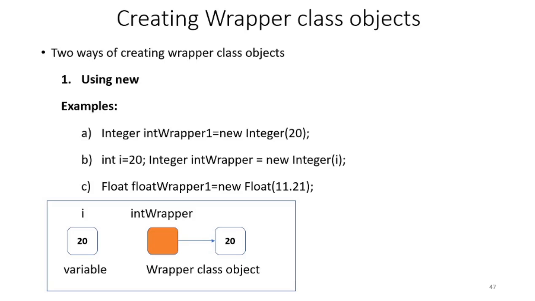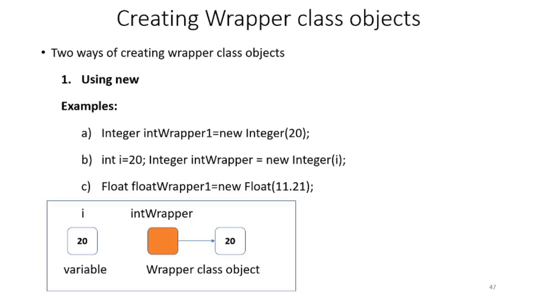Then in second point, we have declared one integer variable i as 20 and then we created the object of Integer wrapper class with value of that variable i, that is 20. Then in point c, we have created the wrapper class object of Float class with value 11.21. So here we have used the wrapper class and we have created the object.